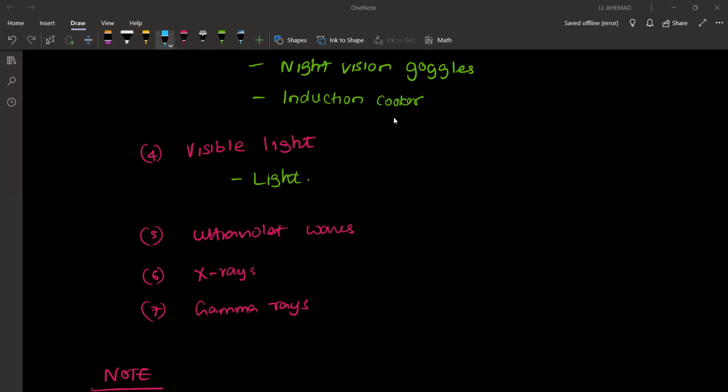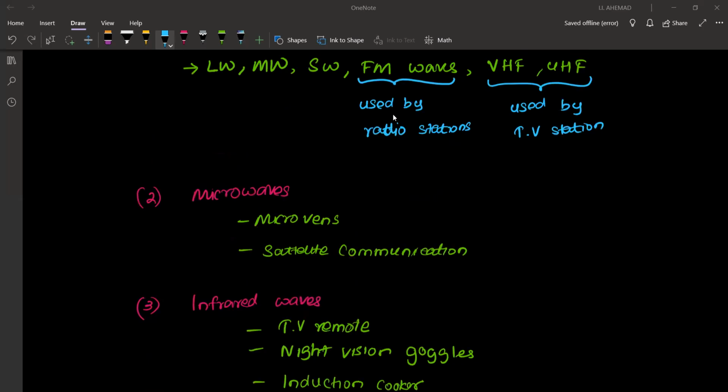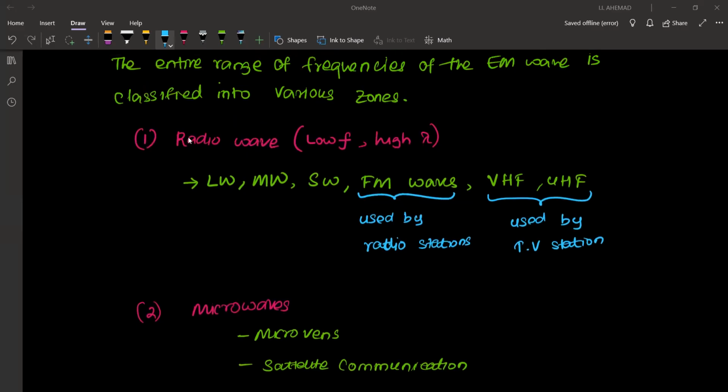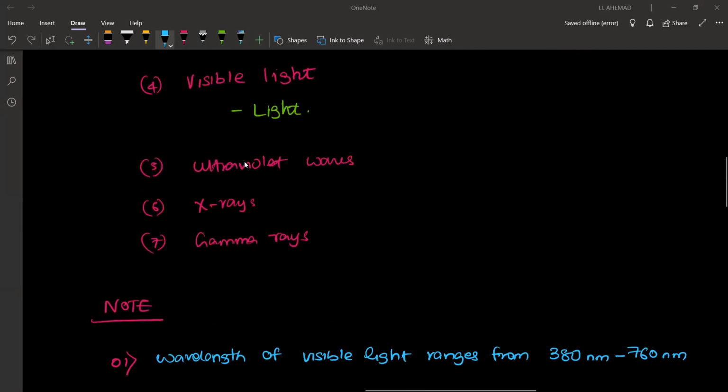For ultraviolet, X-rays, and gamma rays. So it's including all. You're asking these regions, radio wave, microwave, infrared, all of them are regions.